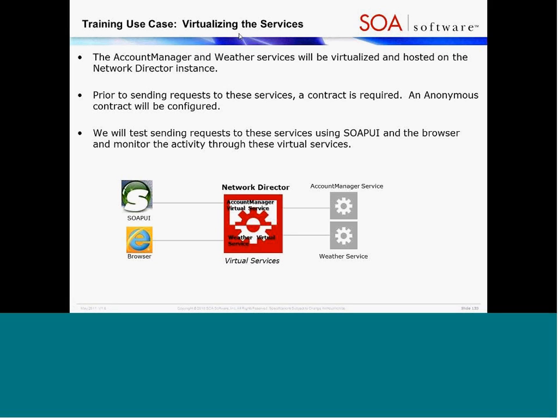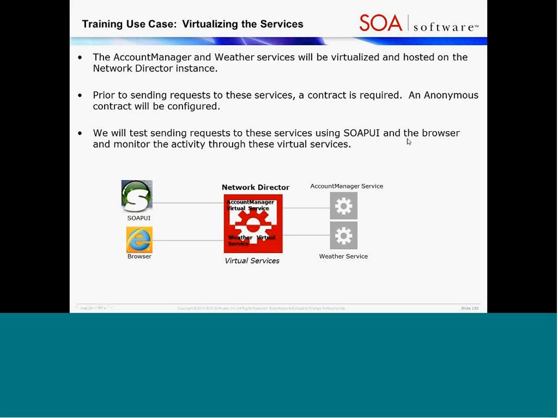So now what we're going to do is virtualize the account manager service. The weather service we're going to register after this. The weather service is our RESTful service, but the account manager service is the one that we already have. So we're going to register this account manager service and virtualize it.